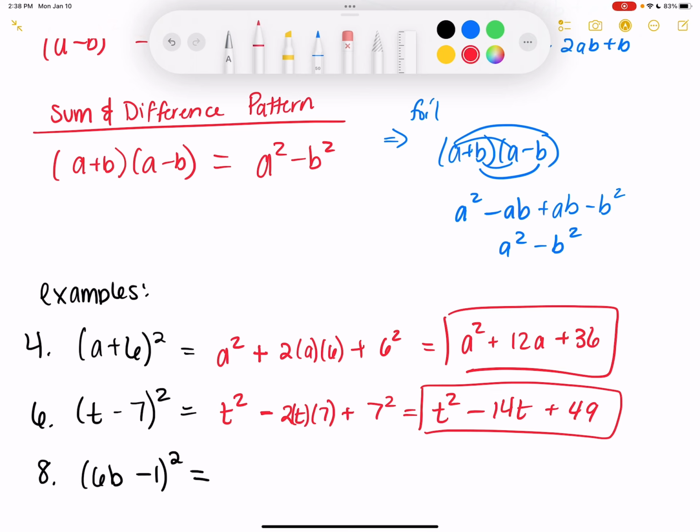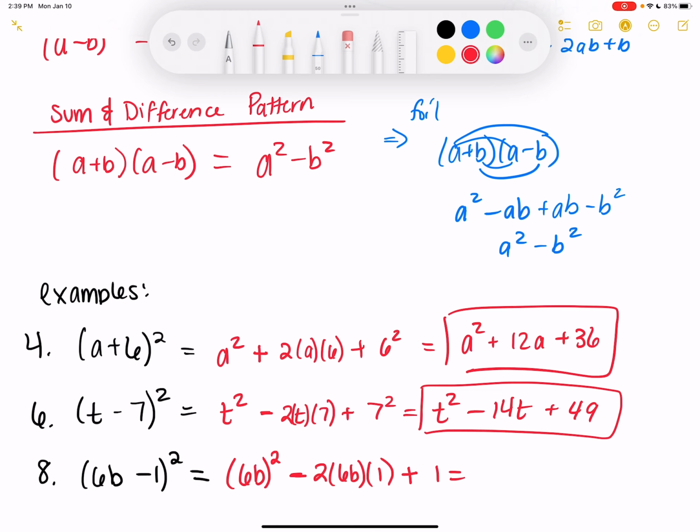So it's squared, so this time we're squaring this whole piece. So it's going to be (6b) squared. Then this sign is negative, so this sign is going to be negative. 2 times a is 6b times b is 1, plus b squared is just 1 squared, so I can just write down the 1.